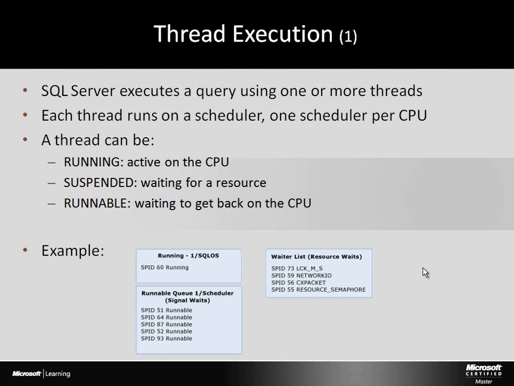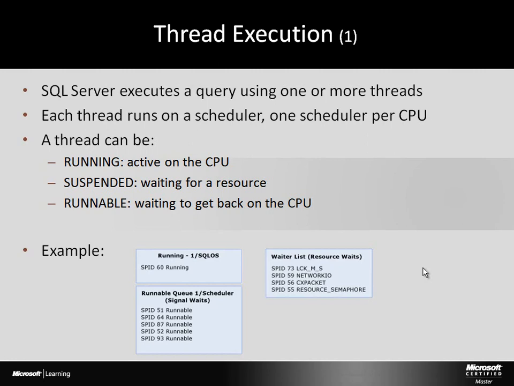And then there's the runnable queue, which is a FIFO queue, a first in first out queue. Whenever a thread goes from suspended and is notified that its resource is available, it goes on the bottom of the runnable queue, and threads get pushed off the top of the runnable queue when the CPU is free and available for another thread to continue running.